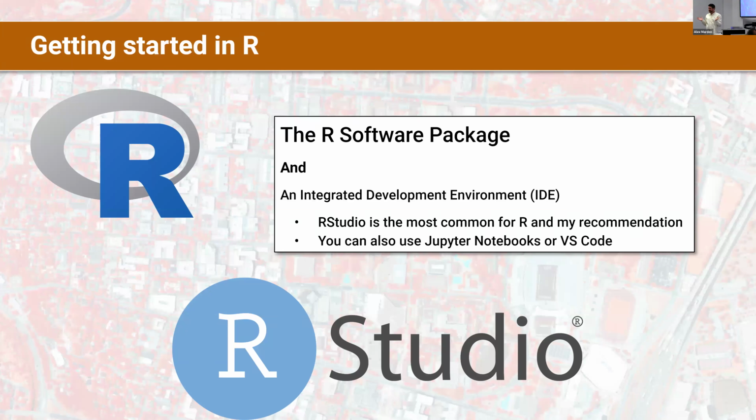But to get started here, so R, you can go download the R software package, which the logo looks like this. If you just search R download, you should be able to find it pretty easily. And then you can run that right out of the box. It comes with its own command line that you can run R functions on just fine.